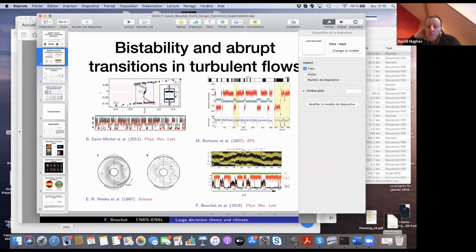What's happening is that often people get such transitions in states which are close to the bifurcation to turbulence, because it's easy to get them numerically.